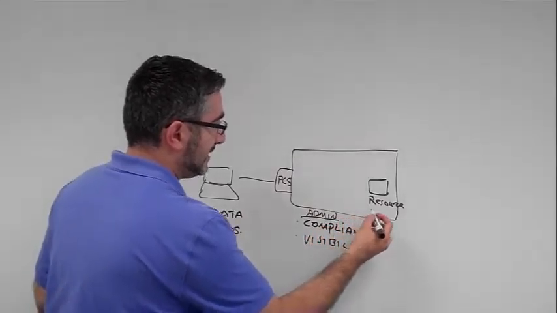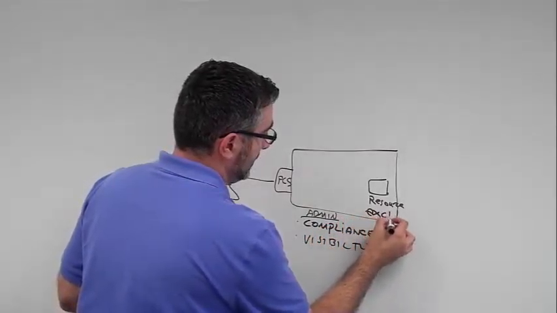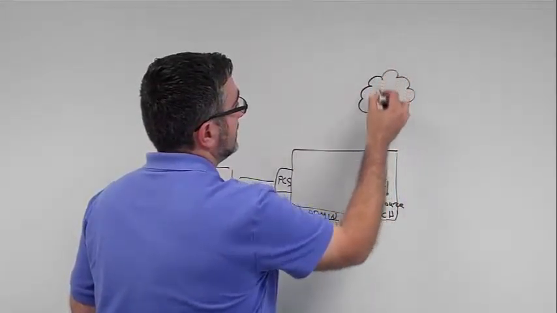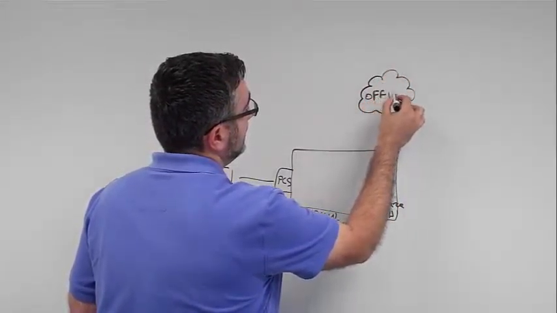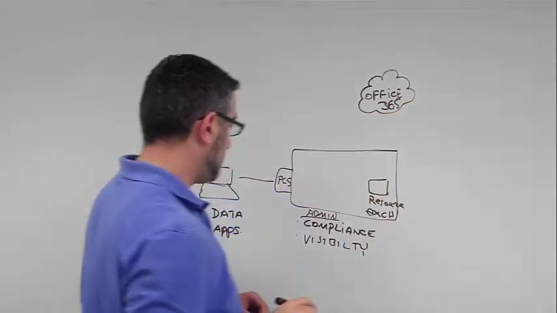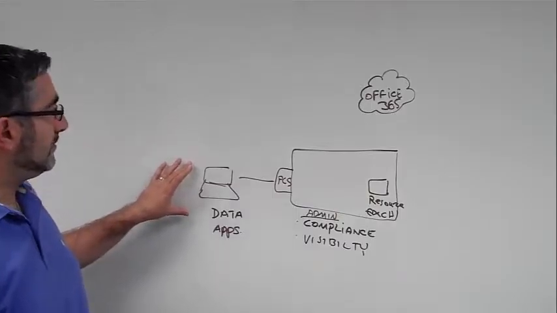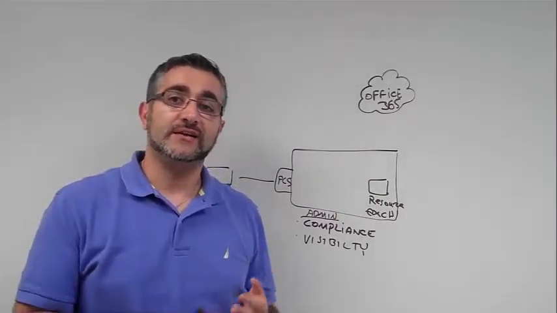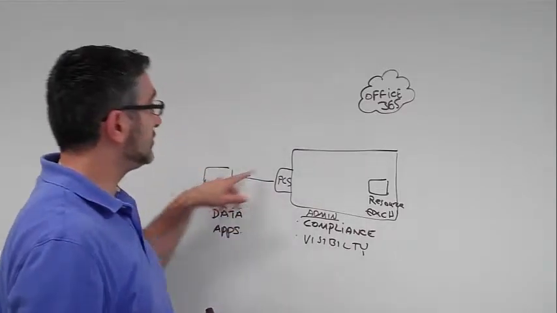When things like Exchange went from on-box to, let's say, Office 365, now the end user was still able to get to their data and their applications. They can go to the cloud.